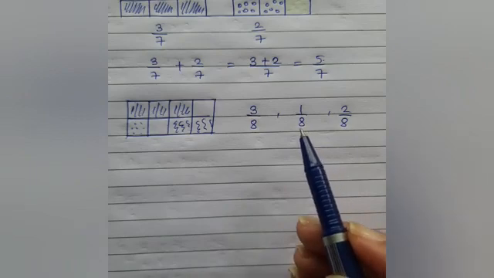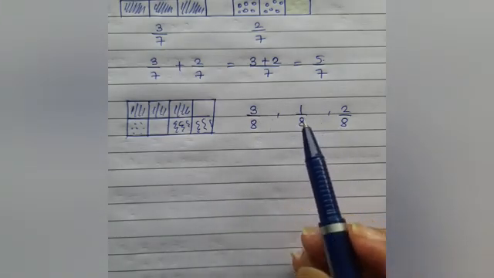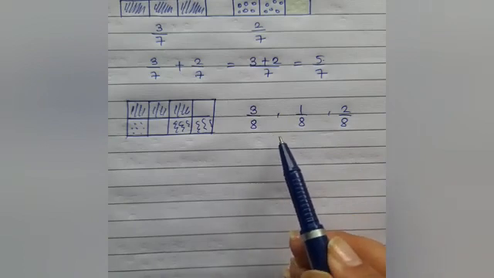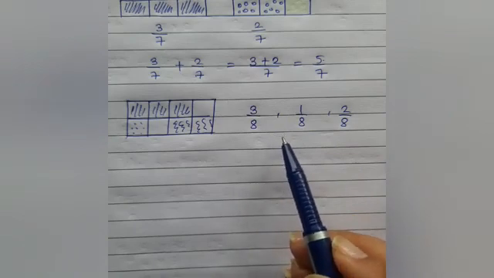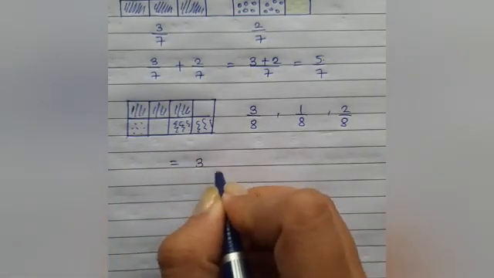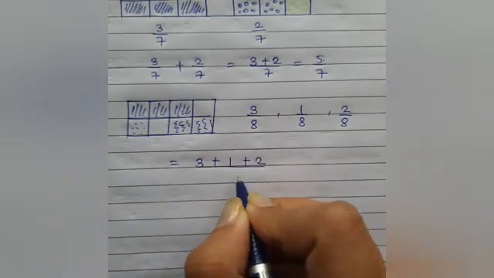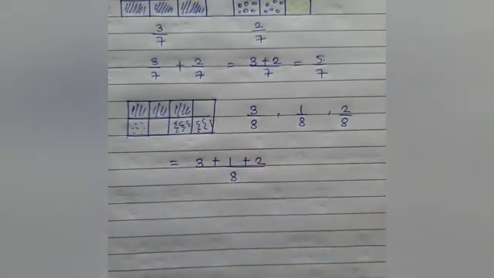Here we get 3 fractions. Now we will add these 3 fractions by keeping the denominator the same. So the equation will be 3 plus 1 plus 2 upon 8.